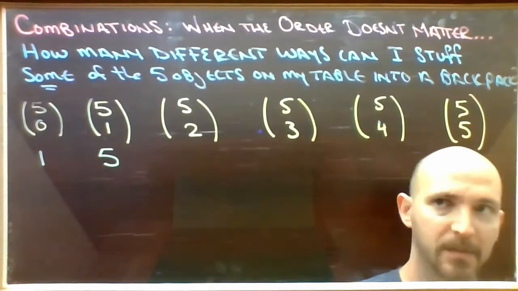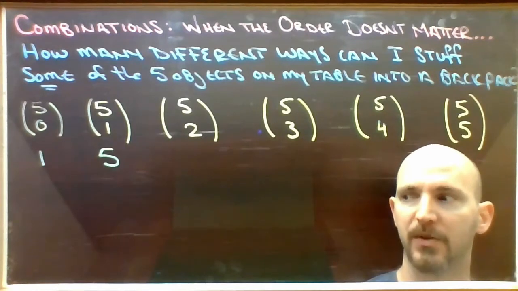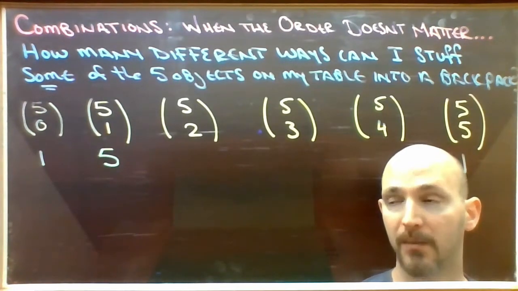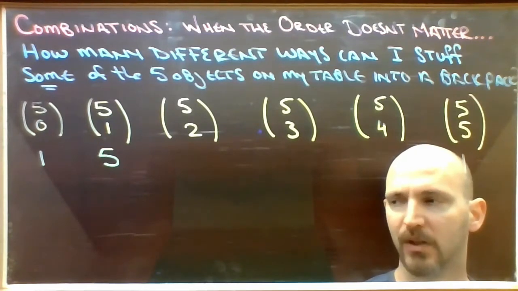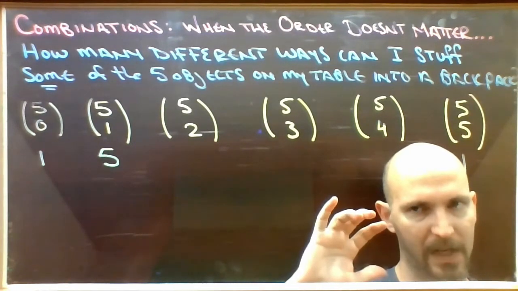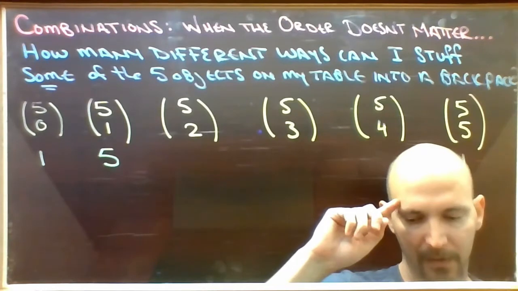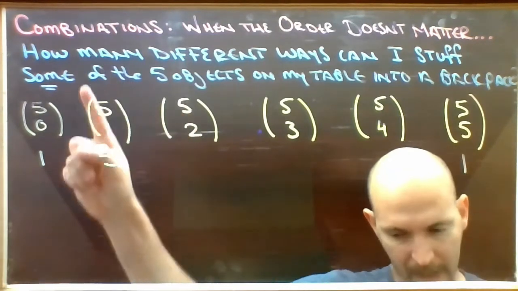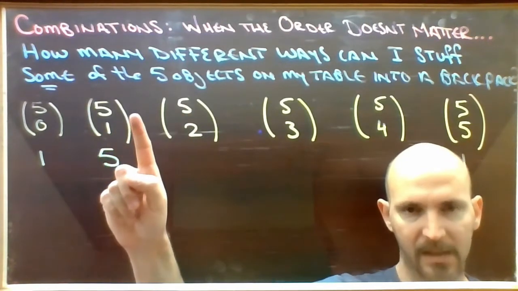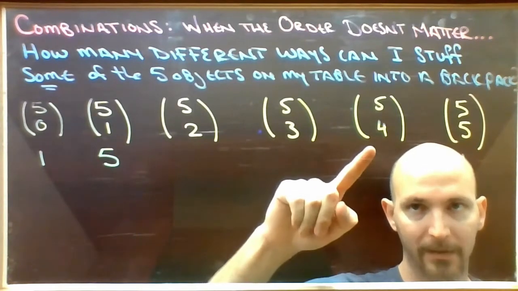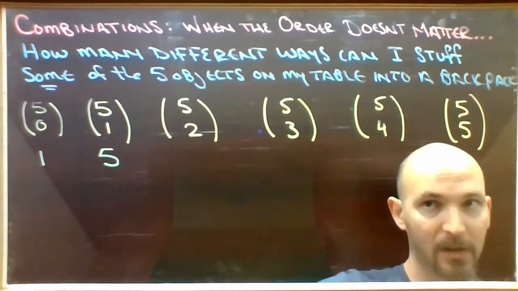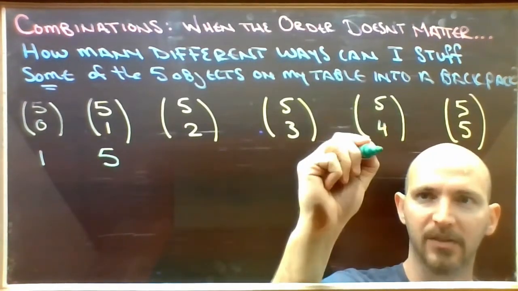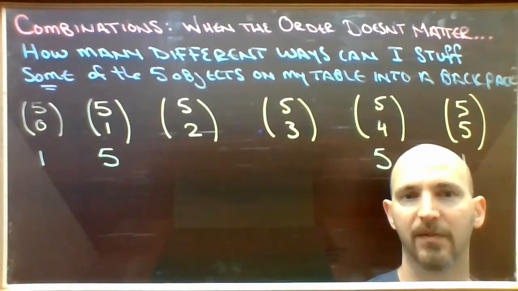On the other end of the spectrum, if you shove 4 of those objects into your bag, then you have selected one object to leave behind. So if you sort of stew on that for a second, choosing one to take should be the same number as choosing one to leave. So taking 4 objects there should be 5 different ways to do that.